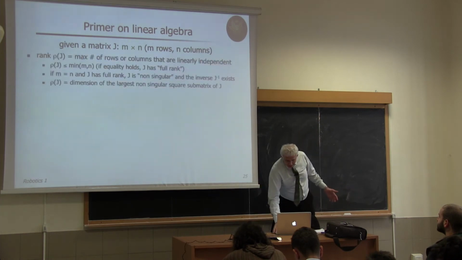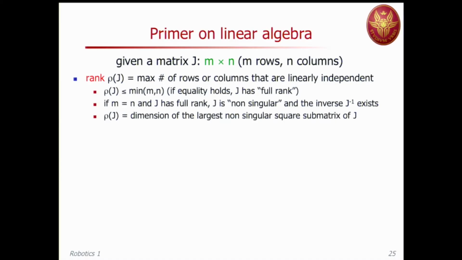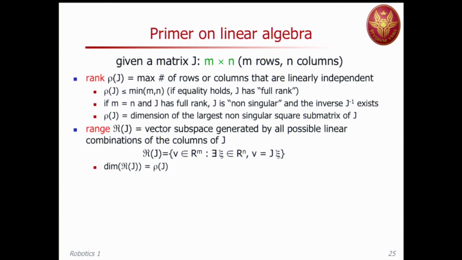And now what can I define? I can define the rank of this matrix, and here are some definitions and comments that you can make. You can define the range of this matrix, which is a subspace. Here I'm writing it explicitly. It's all vectors in the destination space.